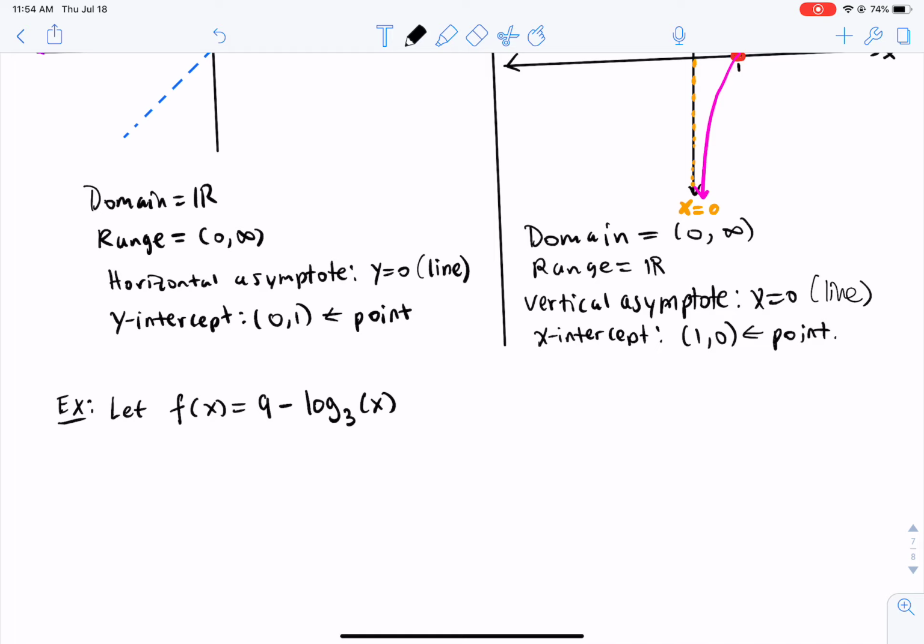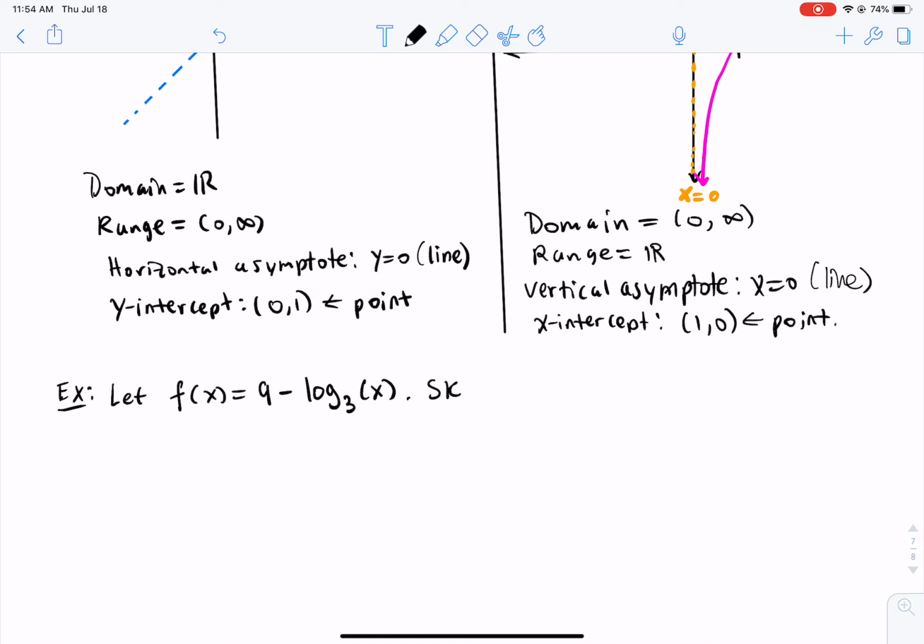F of x equals 9 minus the log base 3 of x. And I want to sketch the graph of f of x, and using transformations will be ideal, right? State the domain and the range.